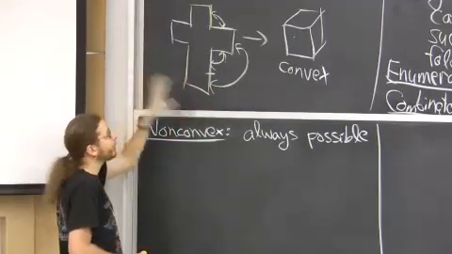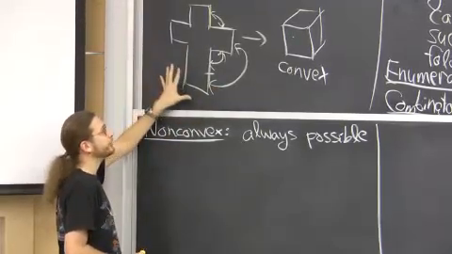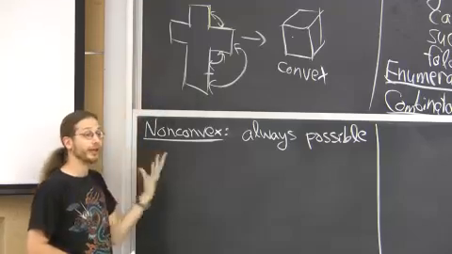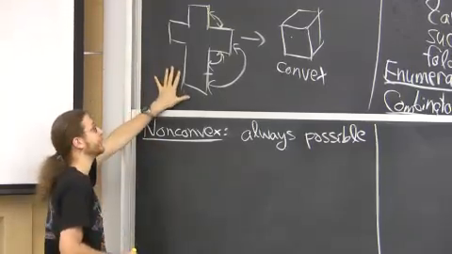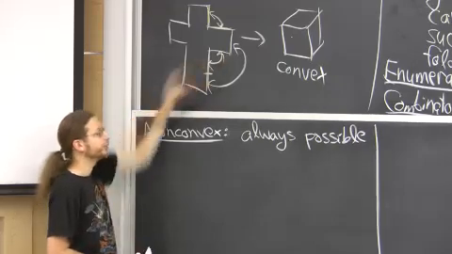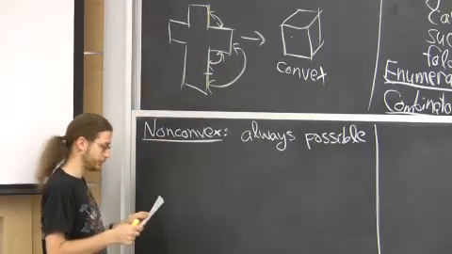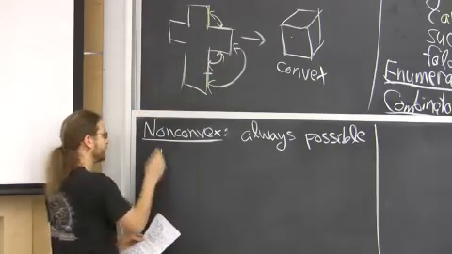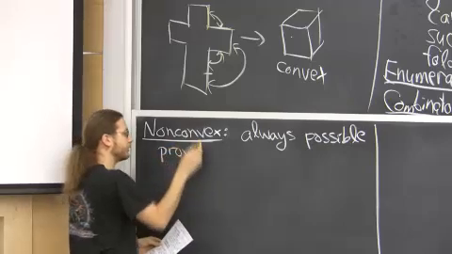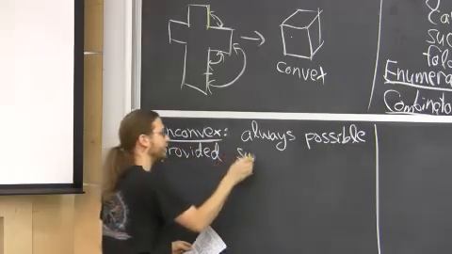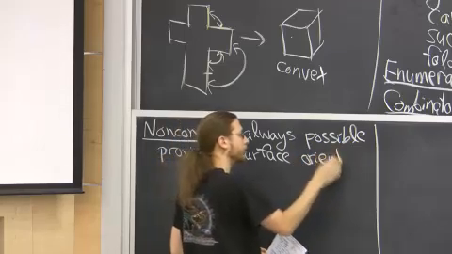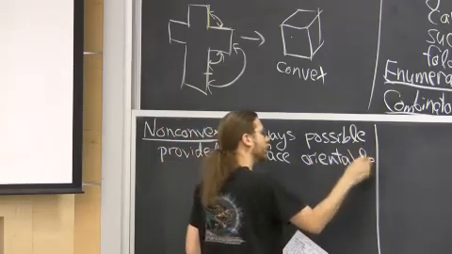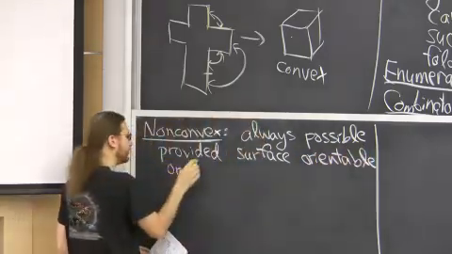But for example, I could glue up all the boundary. As long as the way that I glue things is orientable, I don't put twists in an unresolvable way in these gluings, then you're golden. So you need that the surface is orientable or has boundary.